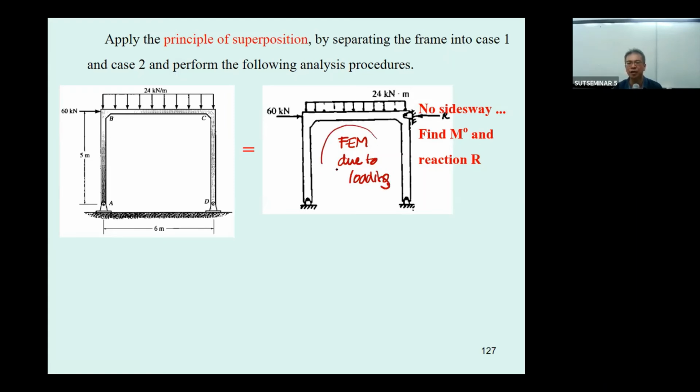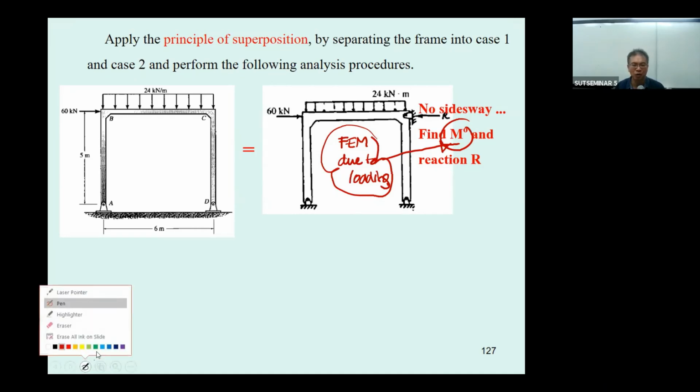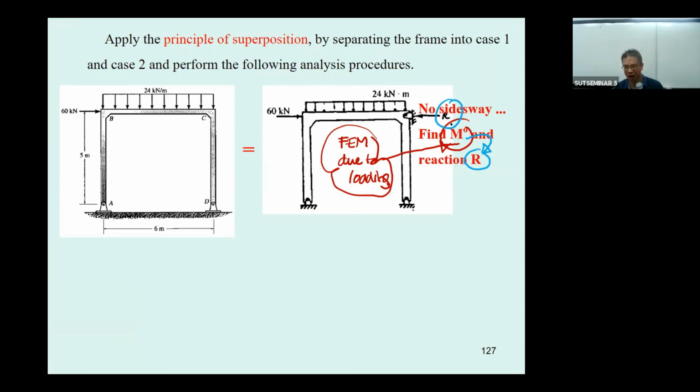From this fixed end moment, we can do the moment distribution to determine M super O. And then later, we will use the free body diagram and the equation of equilibrium to determine the reaction R used to prevent the sidesway.